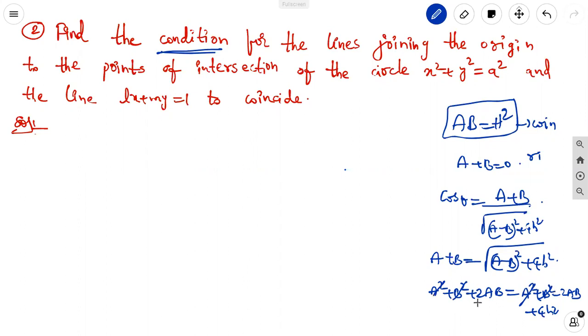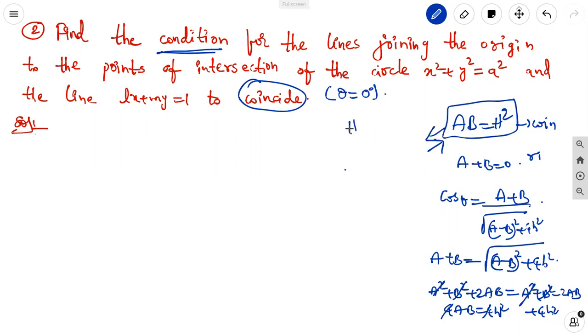Taking to the left side, 4ab is equal to 4h square. Then 4 get cancelled. The relation we are getting is ab equal to h square. Coincident means indirectly they have given theta equal to 0 degrees, and from that we get the relation ab equal to h square.